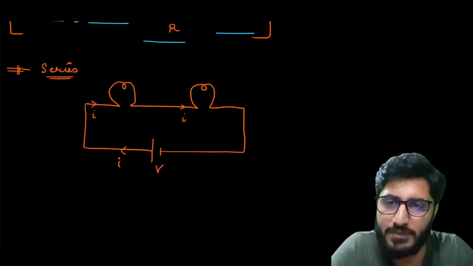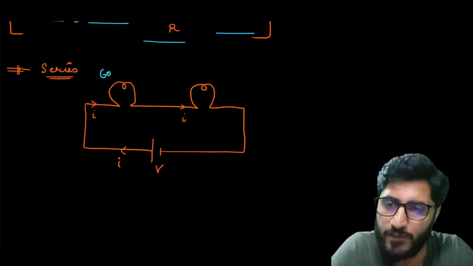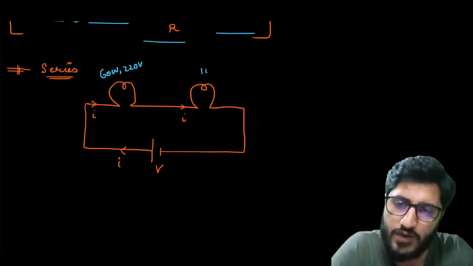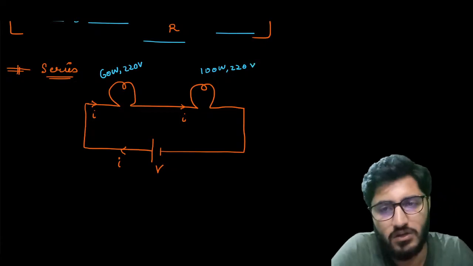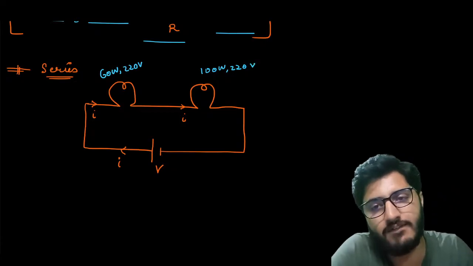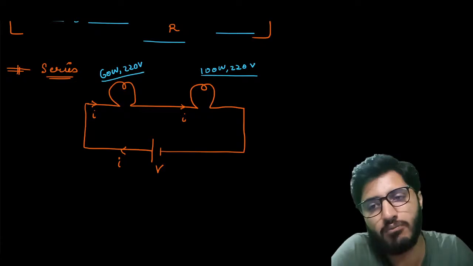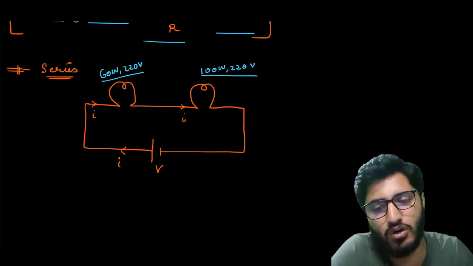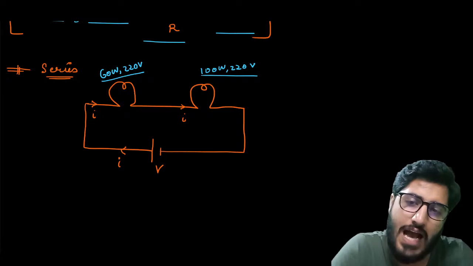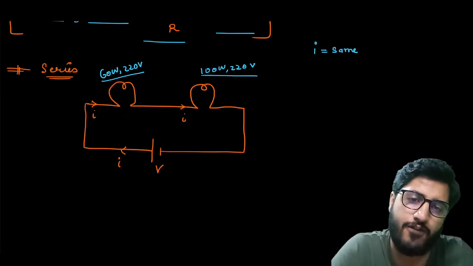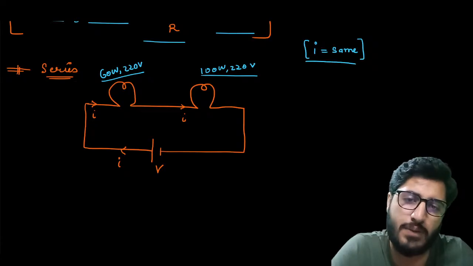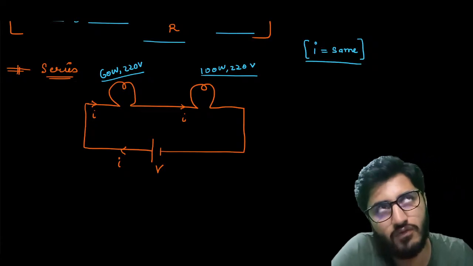If this bulb is rated 60 watt and 220 volt, and this one is 100 watt and 220 volt, you need to tell me which bulb will glow more. Sir, as we can see, current is the same flowing through both the bulbs. Okay, sir. So one more thing that we know, sir, brightness.